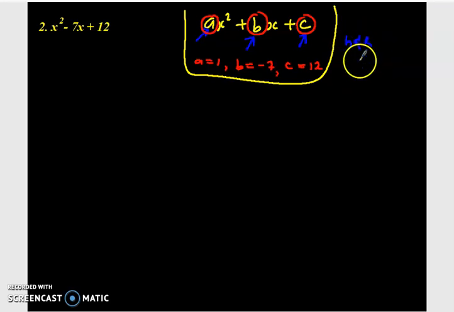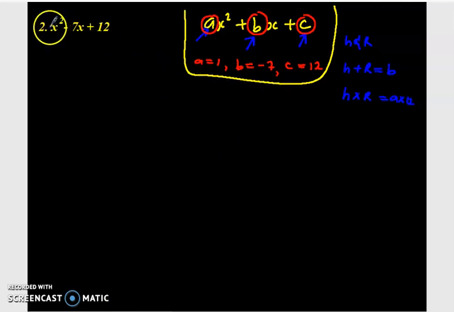We need to find two numbers that when you add them, so when you add h and r, it would be equal to b, which will be -7 in this case, and when you multiply h times r, it would give you the product of a times 12, so 1 times 12, which would be 12. So let's search for those numbers now.